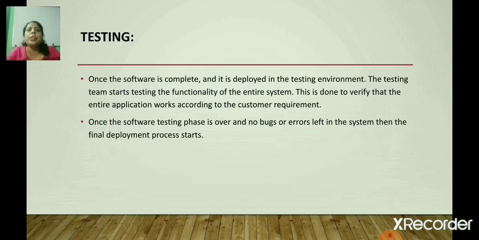Once the software is complete and it is deployed in the testing environment, the testing team starts testing the functionality of the entire system. This is done to verify that the entire application works according to the customer requirement. Once the software testing phase is over and no bugs or errors are left in the system, then the final deployment process starts.